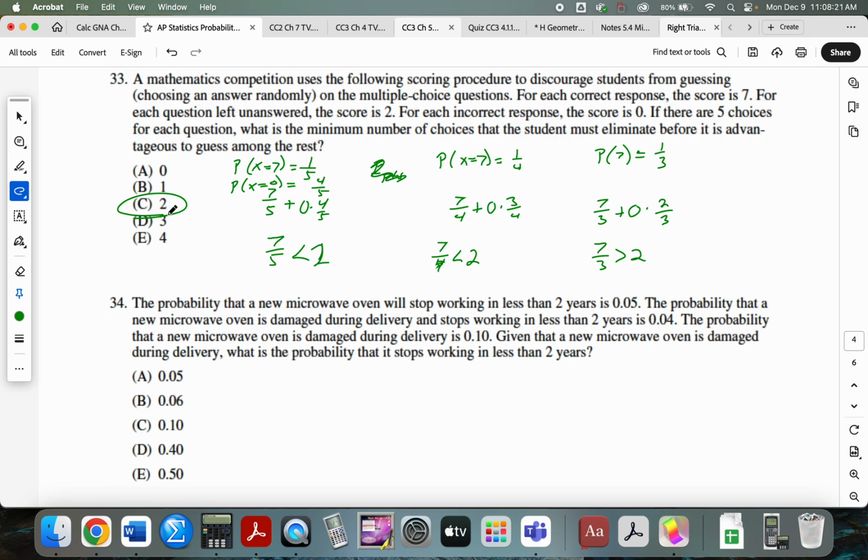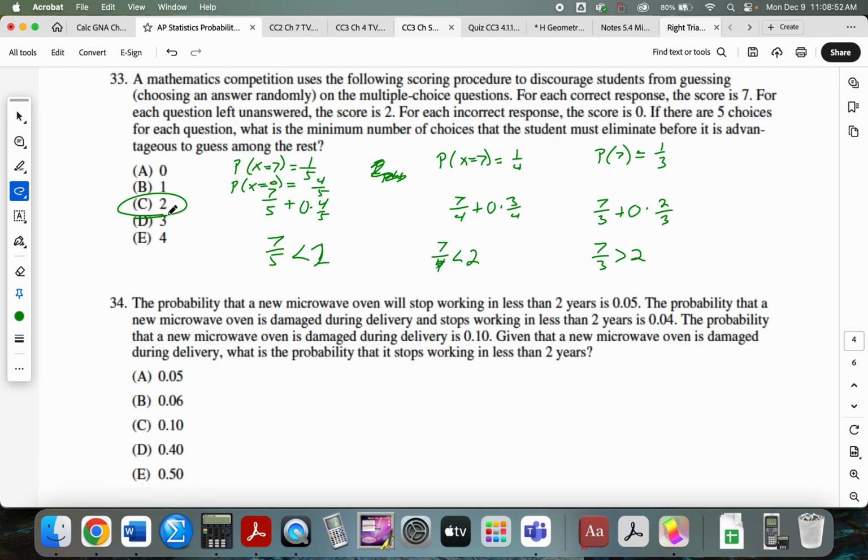So your expected number of points, if you just guess, is 7/5, right? And if you have 4 answer choices, the expected number of points is 7/4. And if you have 3 answer choices, the expected number of points is 7/3, which is now bigger than 2. So it's advantageous if you can eliminate 2.